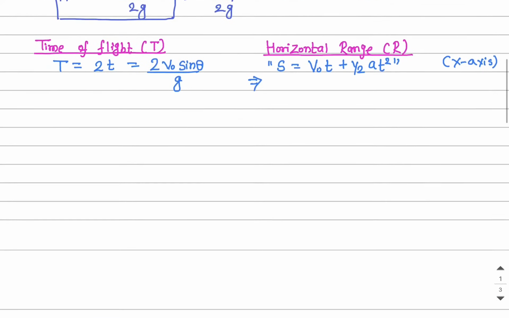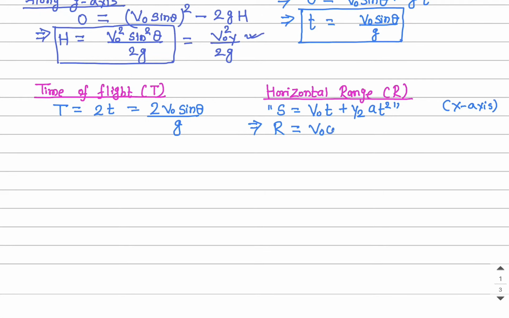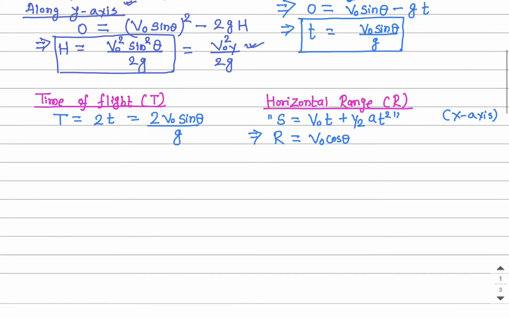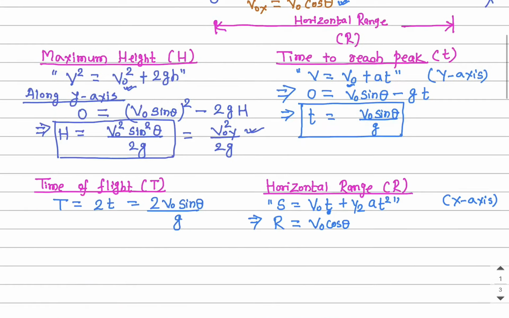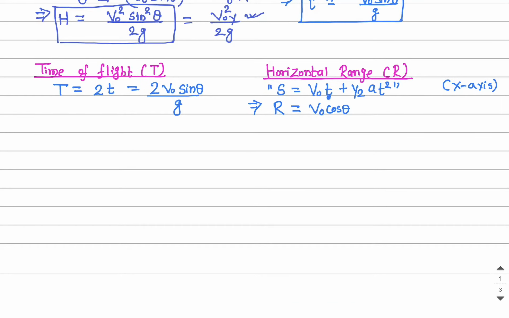And v0 is the initial horizontal velocity, or this velocity. That's the horizontal velocity, which is v0 cosine theta. And this time t, if you see here, is the time of flight, because the time it takes from this point to this point, between these 2 points, is the time of flight, which is given by this equation.